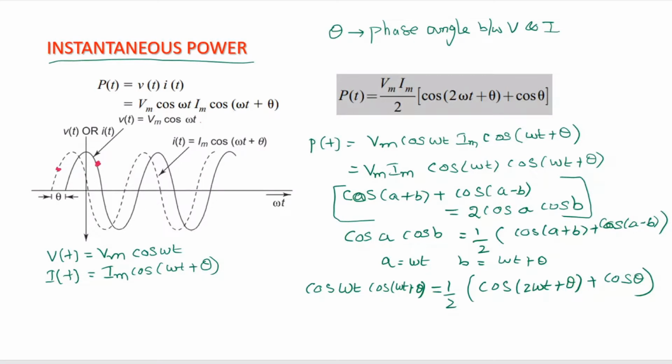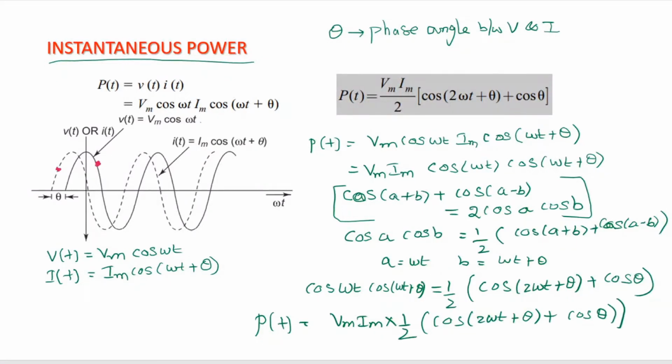So substitute this here. P of t is equal to Vm Im into 1 by 2 into cos 2 omega t plus theta plus cos theta. Am I clear up to now?